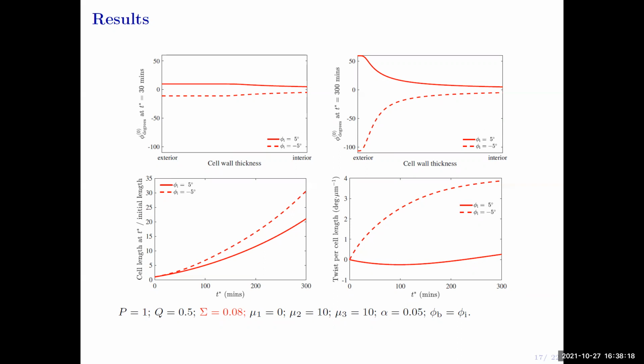Okay, so the results so far I've shown you all involve fixing a boundary condition where the angle of fiber deposition is fixed over time. But it is well documented in the literature that that's not always the case. In fact, most of the time, the angle of new CMF fibers being deposited is a function of time.